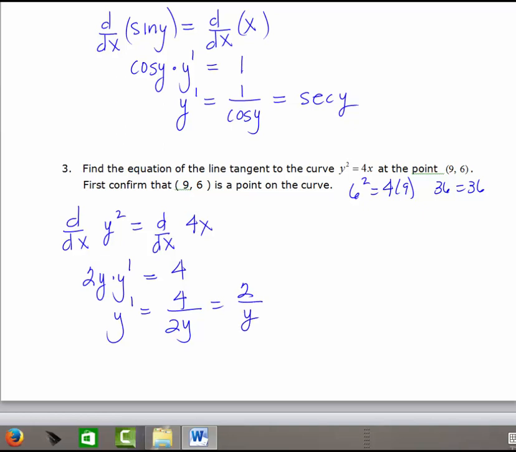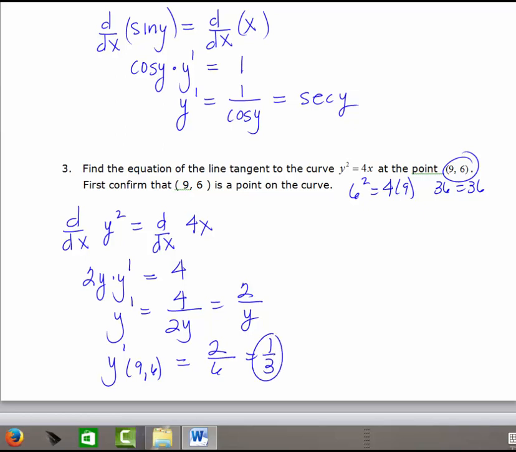And so in order to find the equation of a line, you need an ordered pair, which we have, and you need the slope. And the slope of the curve is going to be 2 divided by y, and so I only use my y coordinate here. I don't need the x coordinate. So y prime at (9, 6) is going to be just 2 over 6, or 1/3.